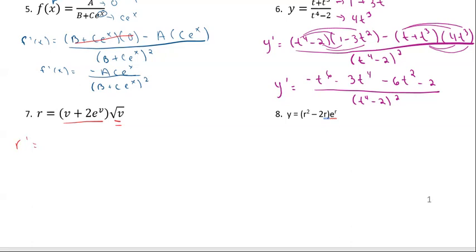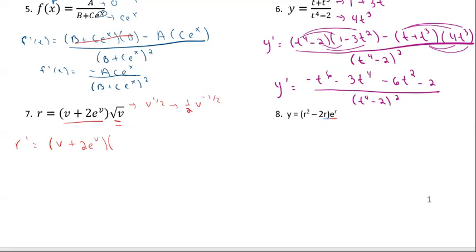I prefer to think of this as v to the 1/2. If you want to think of it that way, that's fine as well. So the product rule says you take the first, so v plus 2e to the v, times the derivative of the second. Well, the derivative of v to the 1/2 would look like you bring down your power and you subtract 1.